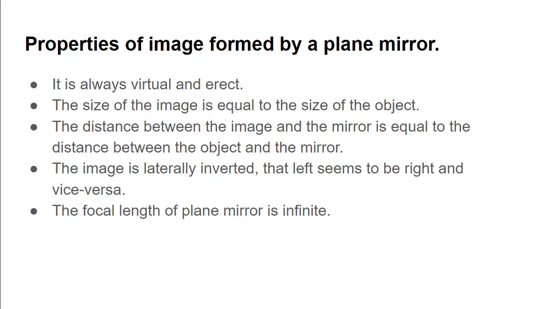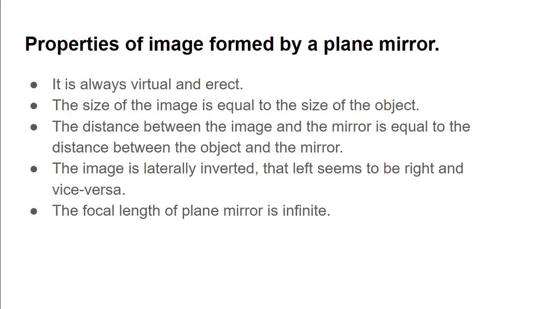That is simply known as object distance equal to image distance. The distance from the object kept in front of the mirror is always equal to the distance of the image formed behind the mirror.